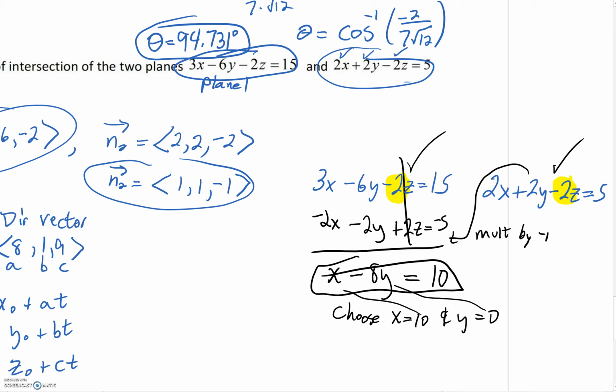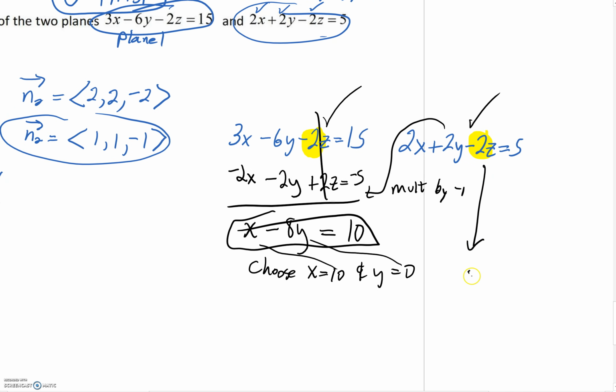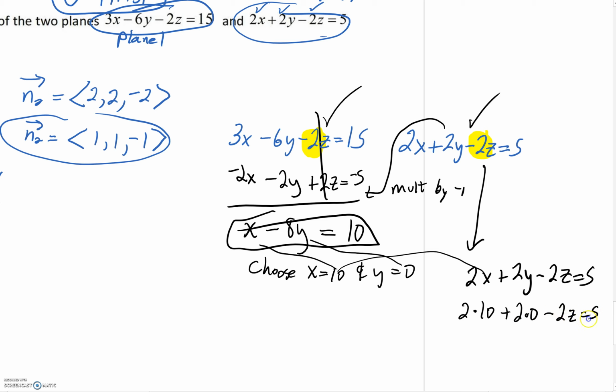So look, I'm going to right now choose either one of these. Sometimes kids will say, well, this one looks a little bit easier, I suppose. Honestly, they're both the same. You could choose either one. If you were to let x equal 10, let y equal 0, now we could go ahead and solve for z.